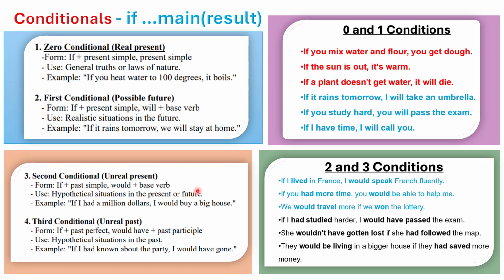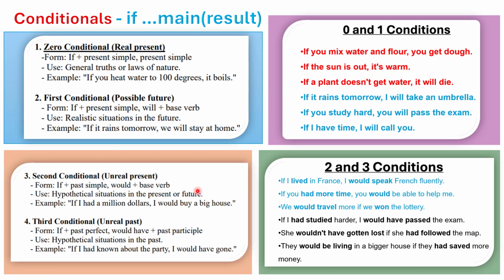Only for general truths or laws of nature. For example, if you heat water to 100 degrees, it boils. Why zero conditional? Because there is no option, it's always true. There is no other choice, no other option. So this is the first thing, zero conditional.